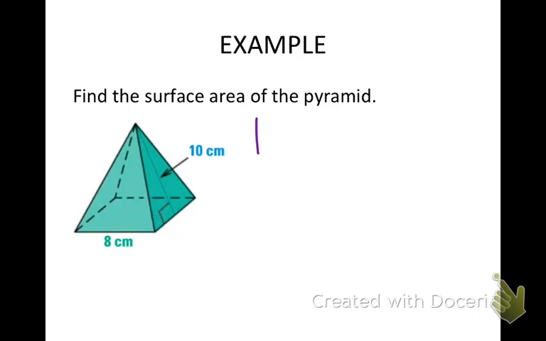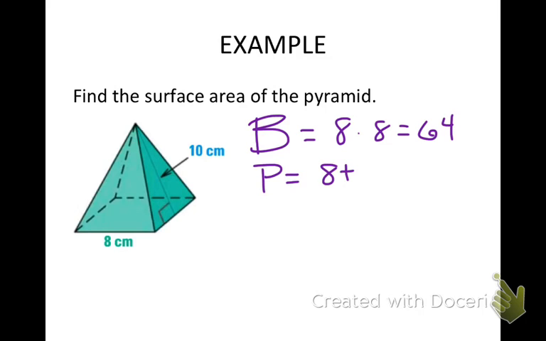So the area of my base, if they just give you one dimension, assume it's a square. So the area of that square would be what? 8 times 8, so 64. The perimeter would be 8 plus 8 plus 8 plus 8, or 8 times 4, which is 32. My slant height is already given as 10.